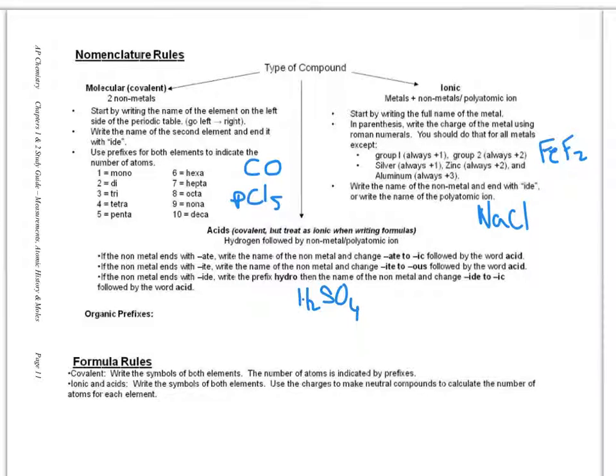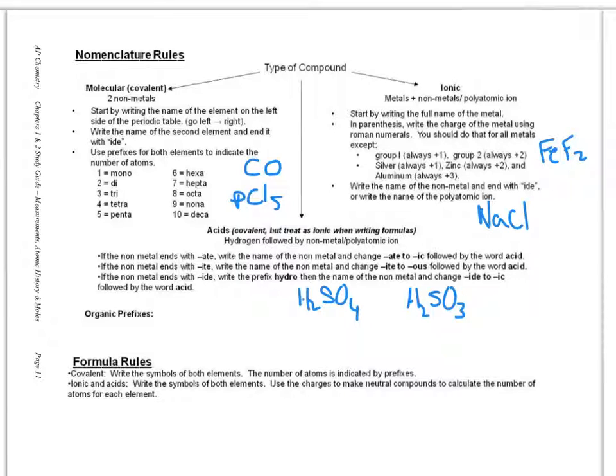If it ends with "ite," like H2SO3, SO3 2- is sulfite, so you change the "ite" ending into "ous," and follow it by the word acid, so it would be sulfurous acid.